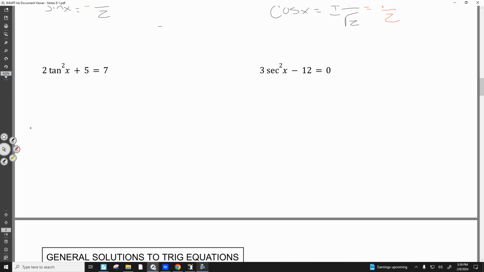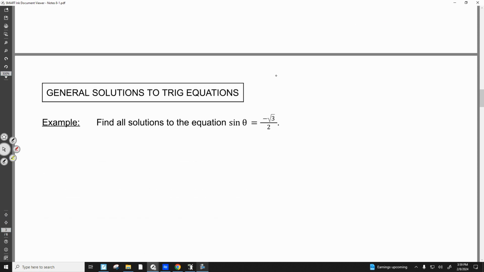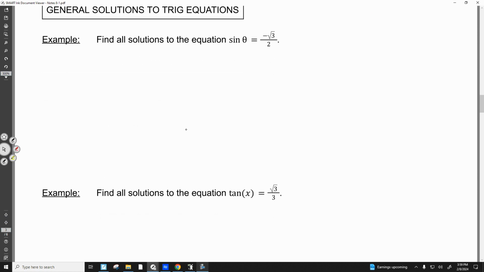Let's move on. Okay, here goes. Sine theta equals negative root 3/2. Theta, x, whatever variable. Don't worry about it. It doesn't change the problem. So solve this. Negative root 3/2.